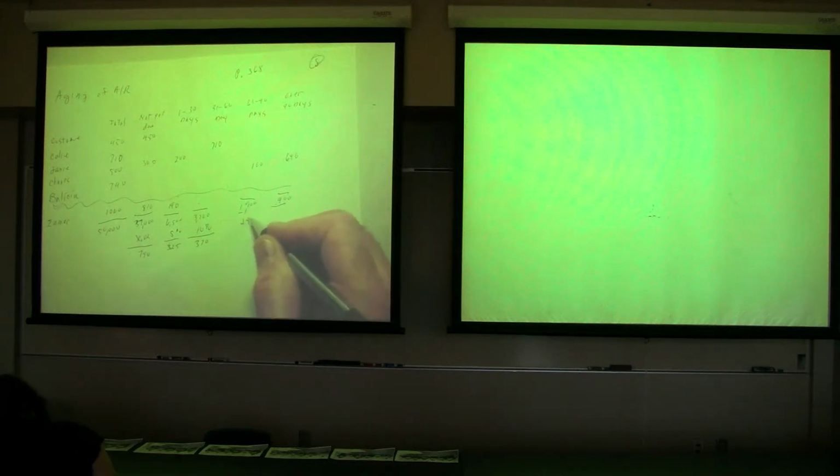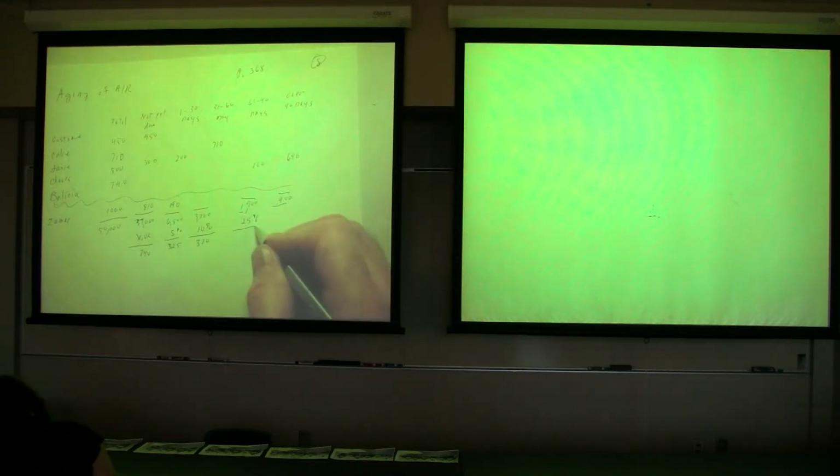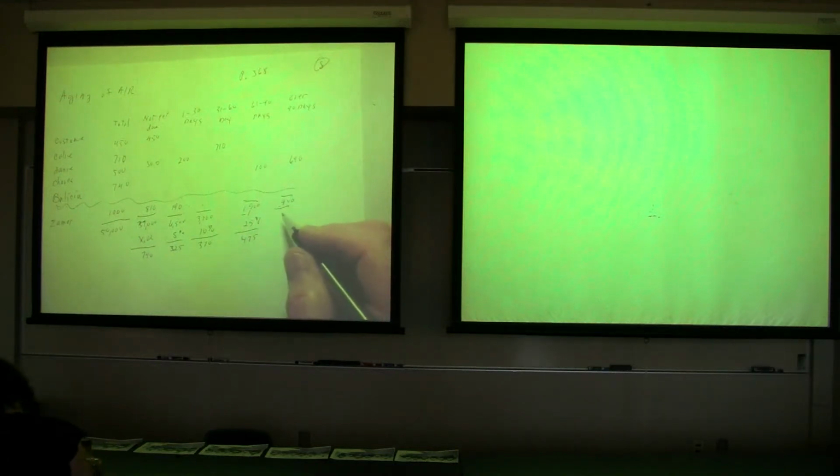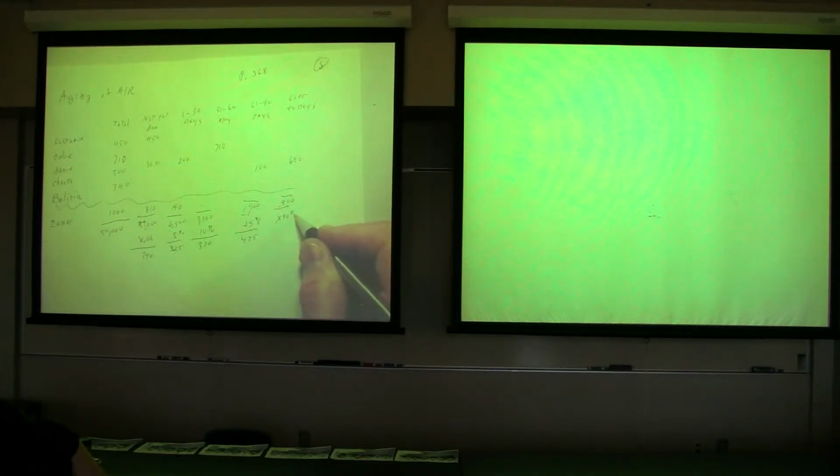Then it jumps up to 25% if they're 61 to 90, so that's 475. And those that are over 90, 40% have proven to be uncollectible. And I think the number would probably be higher than this if it's over 90, but okay.